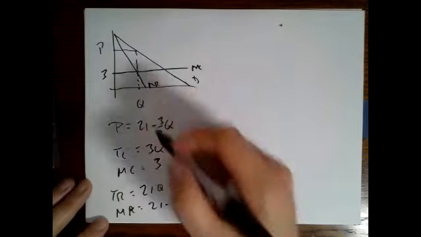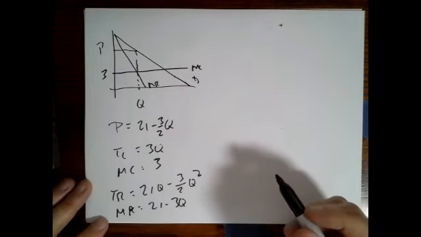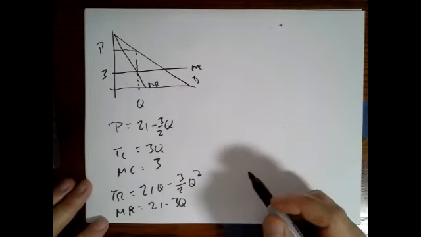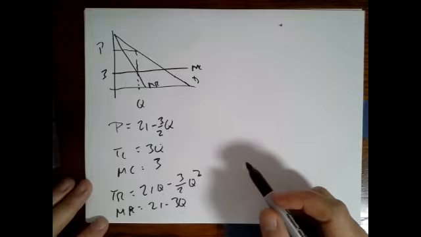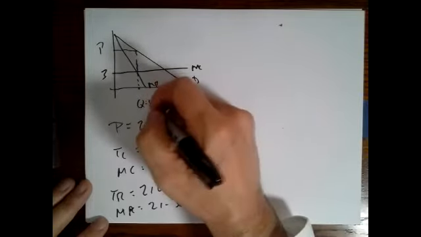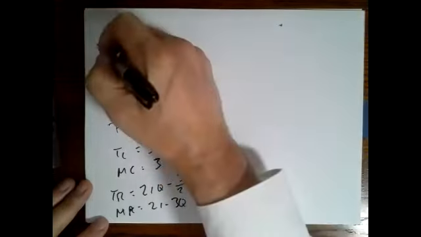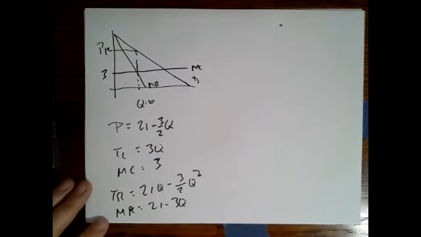Which then gives us, if you solve for this, you wind up with a quantity of 6, a price of 12, and I'll leave you to do this later.